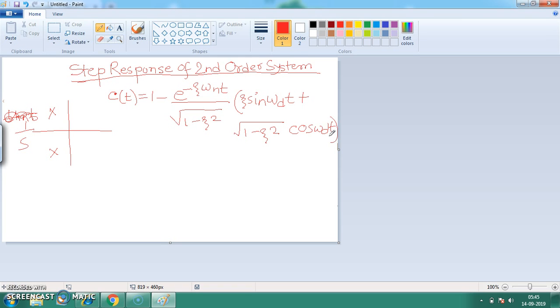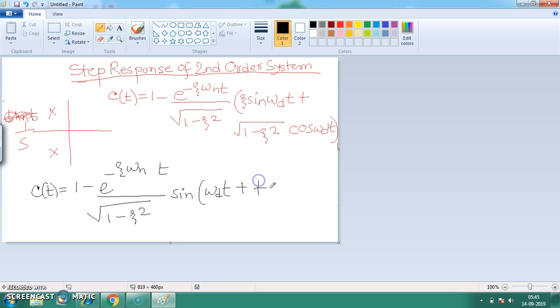In this way we can write, or we can write it in another form like c(t) equal to 1 minus e to the power minus zeta omega n t upon square root of 1 minus zeta square, sine omega d t plus tan inverse of square root of 1 minus zeta square by zeta.